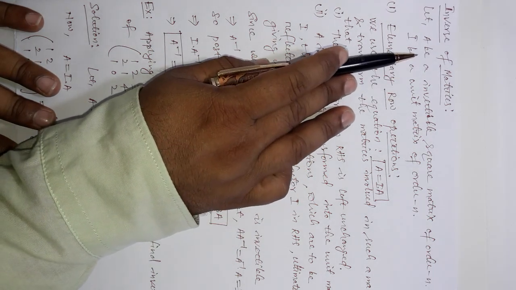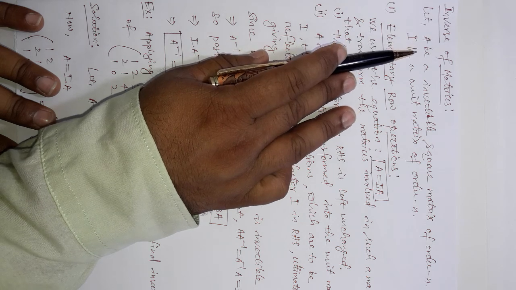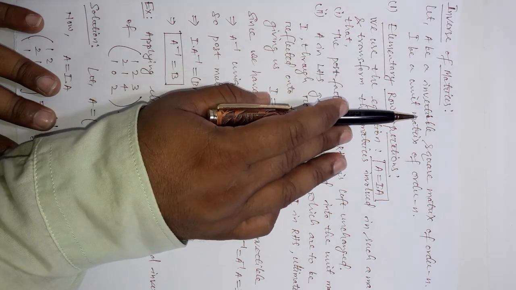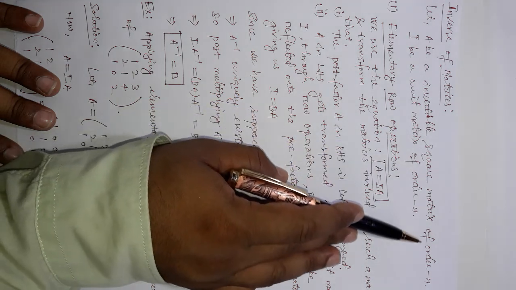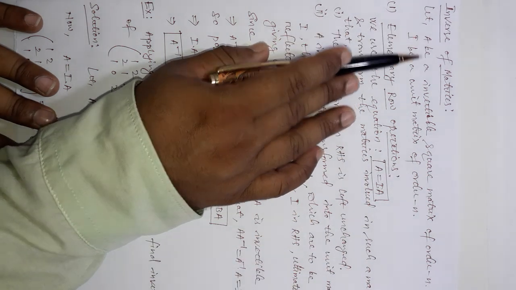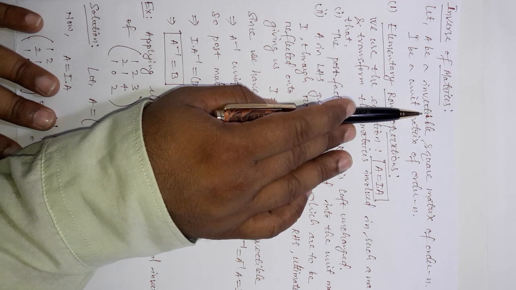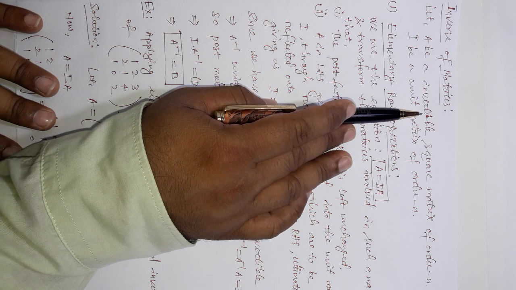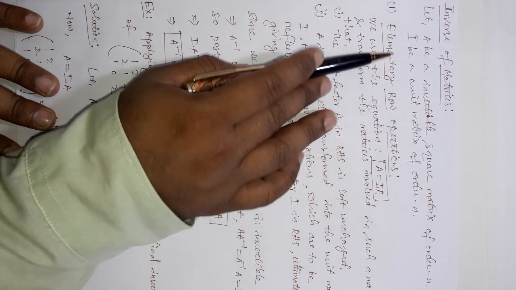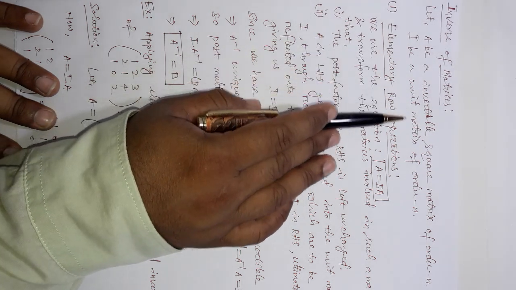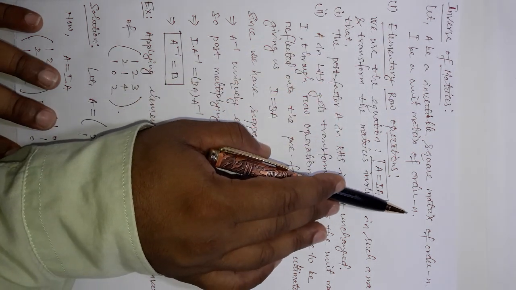For that, let us take a matrix A. Let A be an invertible square matrix of order n. Say A is a square matrix which is invertible, meaning its inverse does exist, and say I is the unit matrix of the same order n.